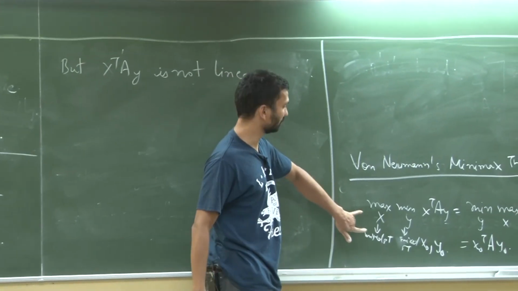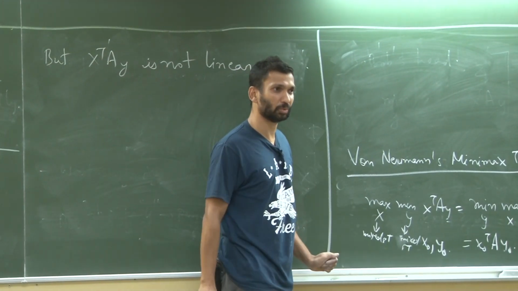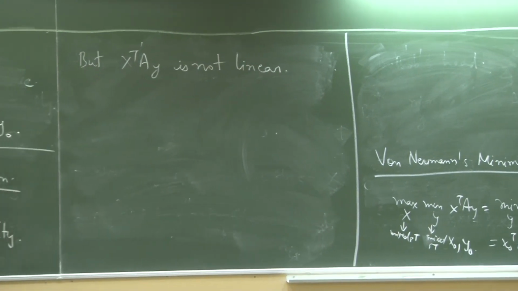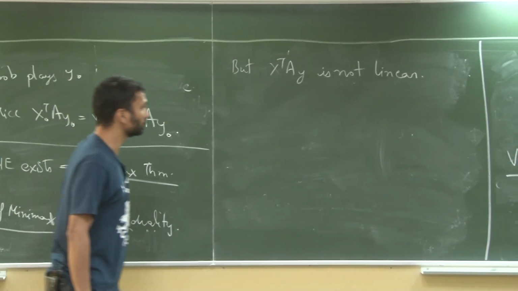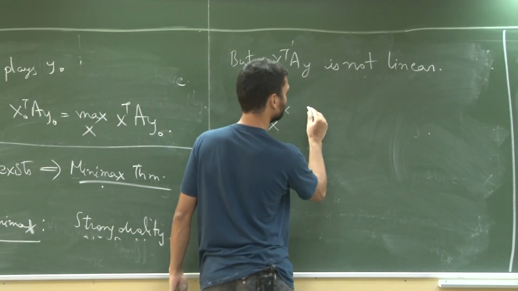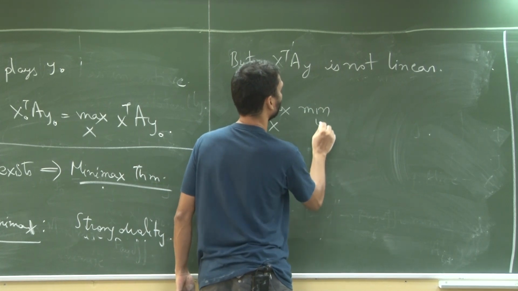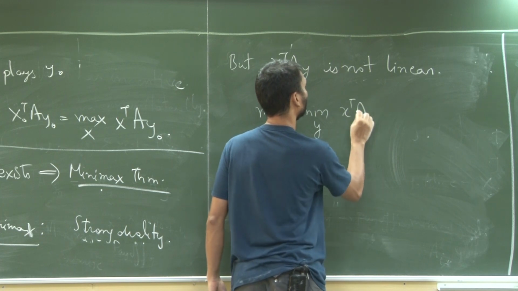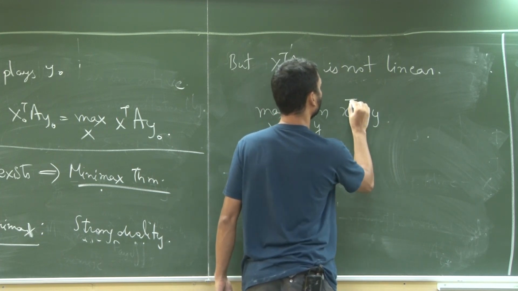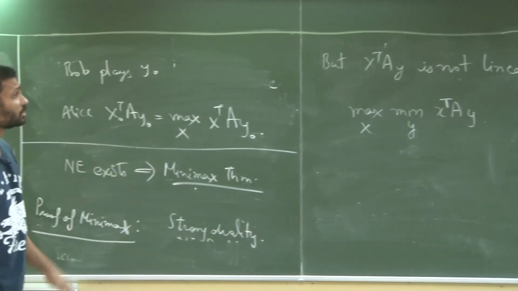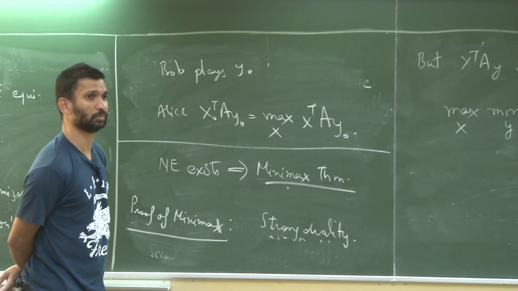This is an exercise in converting this problem into a linear program. Okay? Good. Let's convert. We have no other option. This is what Alice wants to do, right?